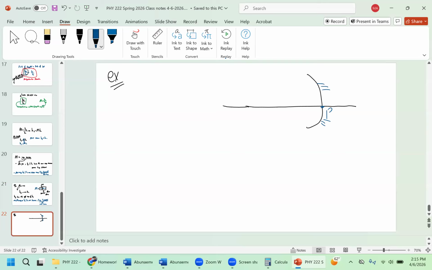Here's your P. Let's say here's your object over here, and again, let's say 6 centimeters.